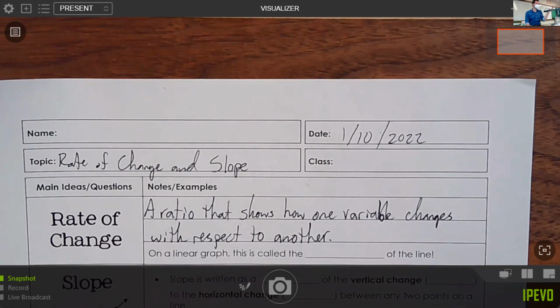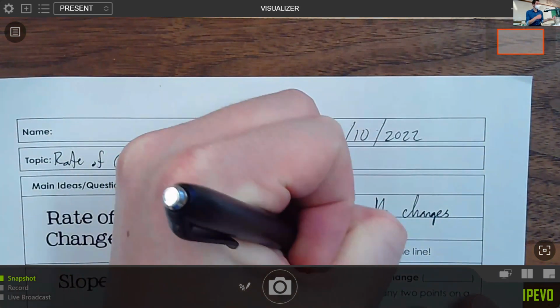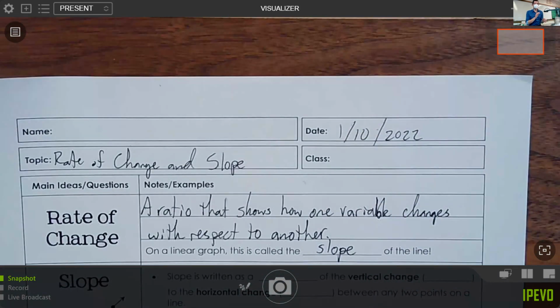So we're talking about how X changes along with how Y changes. So that's what it means, how one variable changes with respect to another. It's a comparison of how the X variable and the Y variable change over the course of a graph. And on a linear graph, this is called the slope of a line. So rate of change and slope, in terms of what we're doing in this unit, they're exactly the same. There's no difference between rate of change and slope.